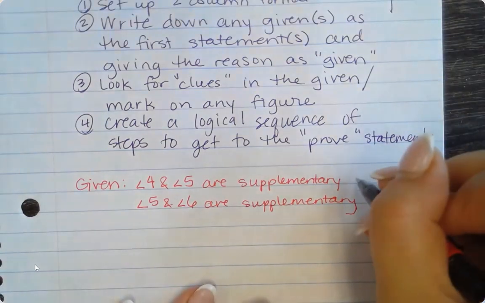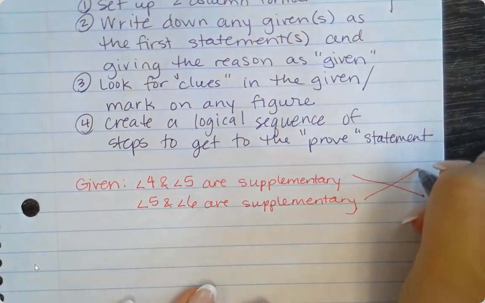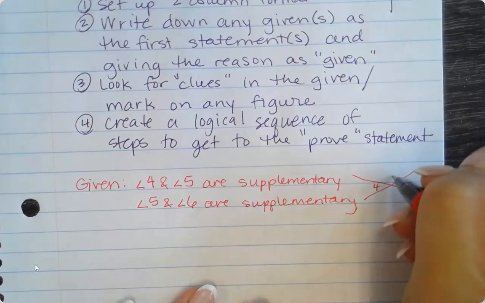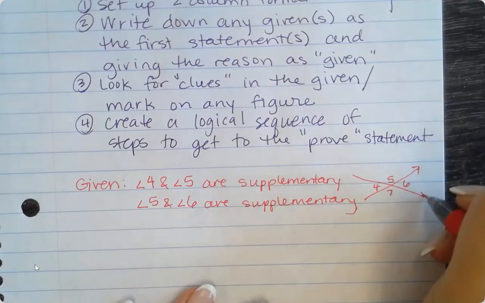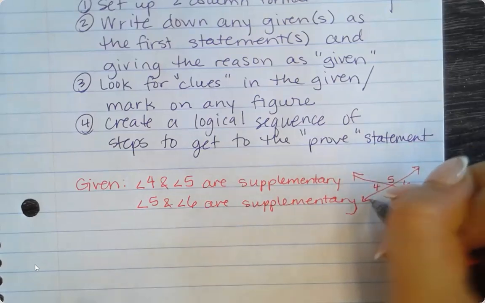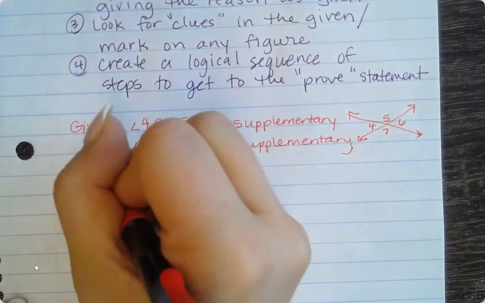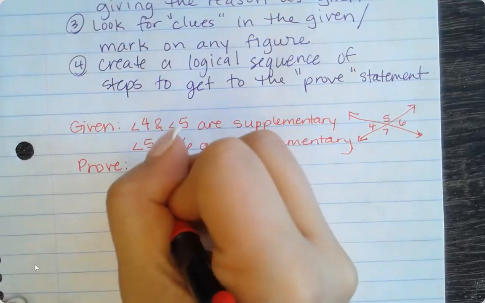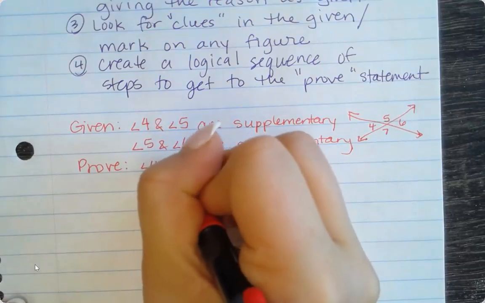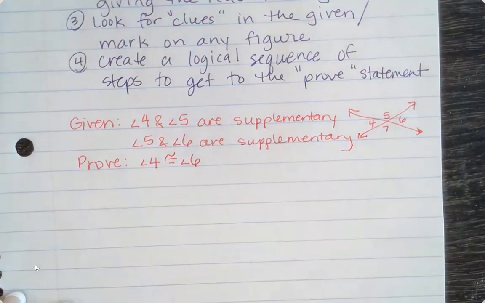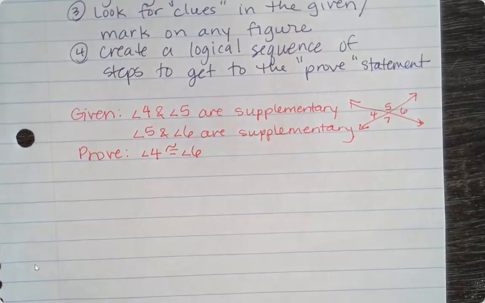So I'm going to draw. We have 4, 5, 6, and 7. And we want to prove that angle 4 is congruent to angle 6. So that is the setup.